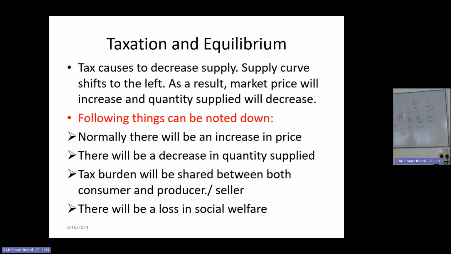So what is the unitary elastic case, you can see how the tax burden is shared. So after the tax, the price increases, the quantity supplied changes, and the tax burden will be shared between the consumer and the producer, right?